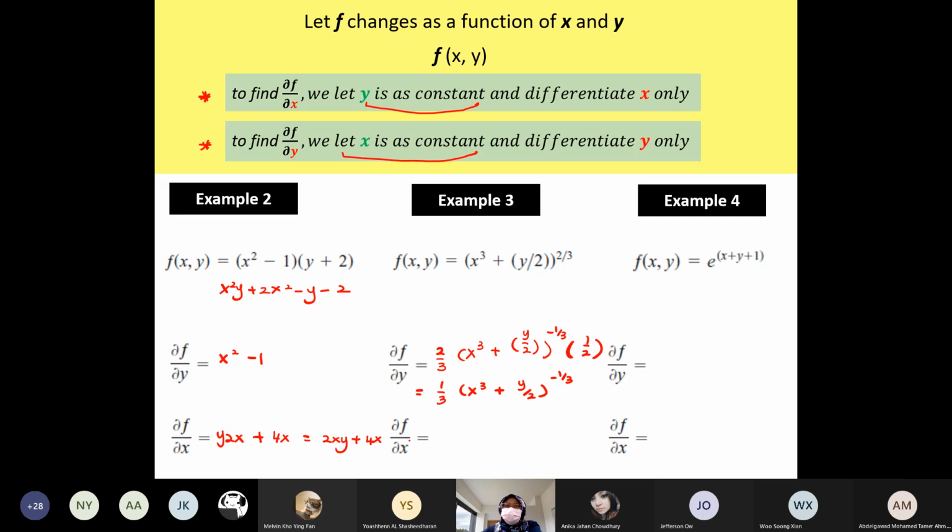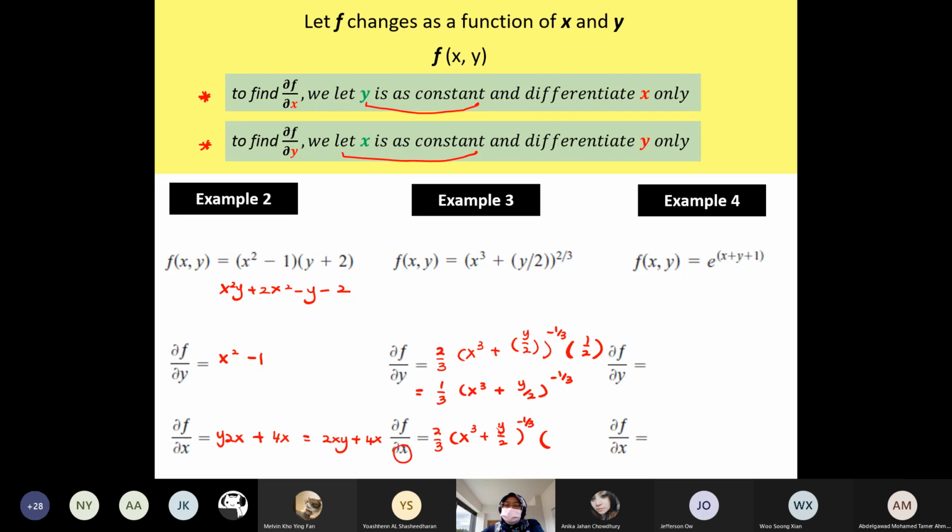Okay, so for df over dx, can you please try together, so that I won't make any mistake here. Now differentiate everything inside the bracket with respect to x.